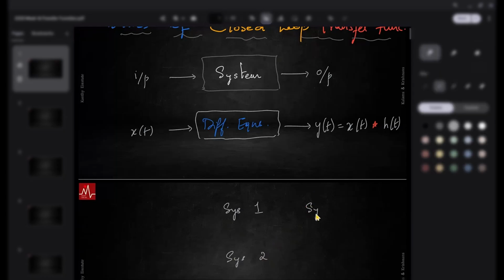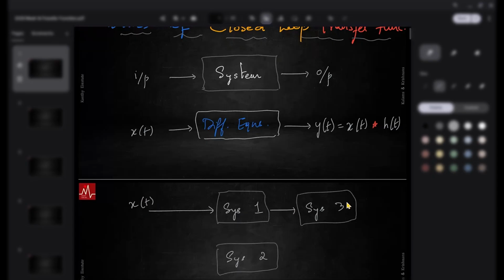Then there is a system 3. You take the input of what goes in here, that output goes here. Then there is an output here, an intermediary output.